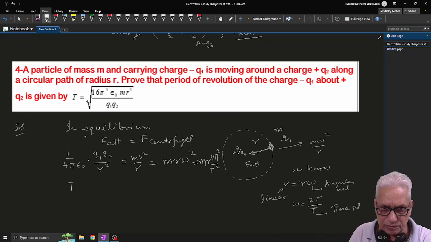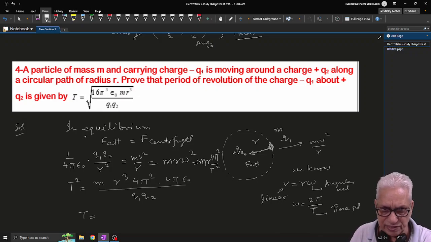After the cross multiplication, we can write it here m, and this will be r square r, so it will be r cube, and 4 pi square 4 pi epsilon naught divided by q1 and q2.